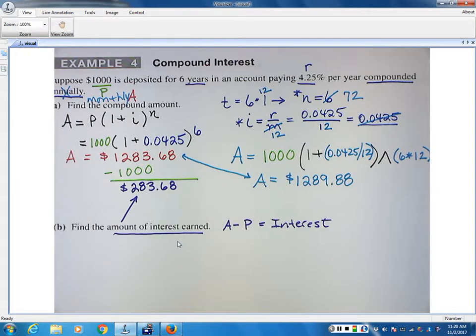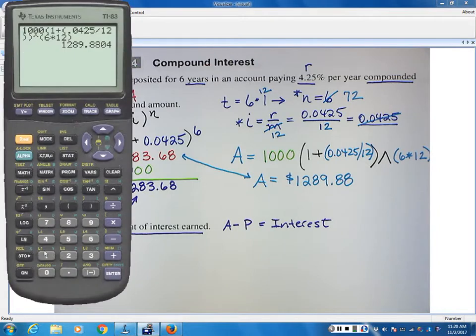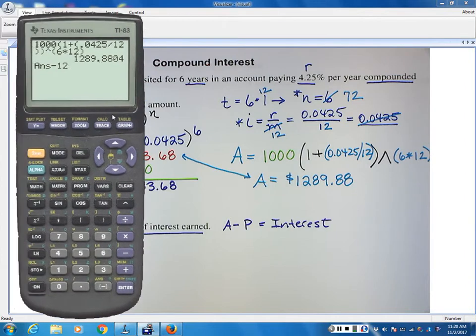Now how much more? Well, let's see. It's just about $6. So you got about $6.20 more in interest by compounding monthly.